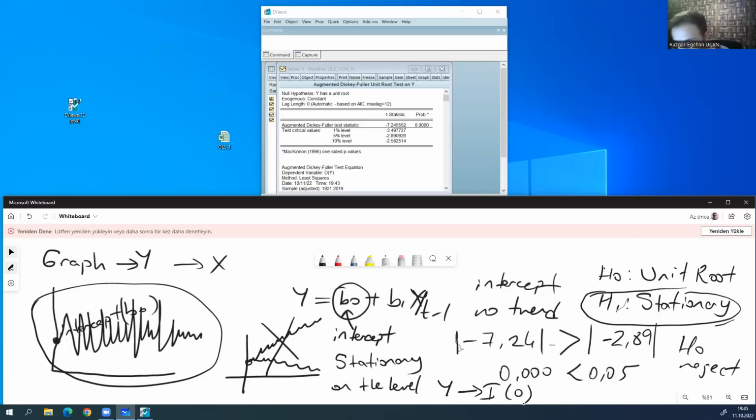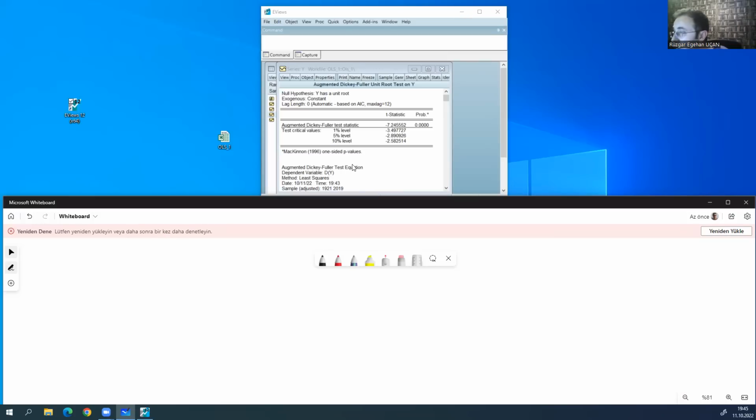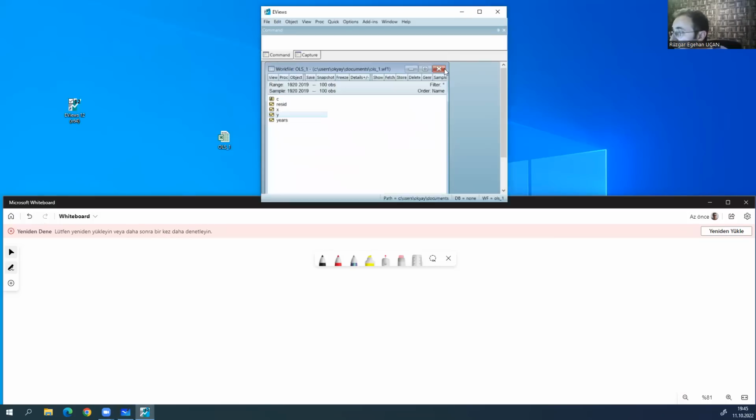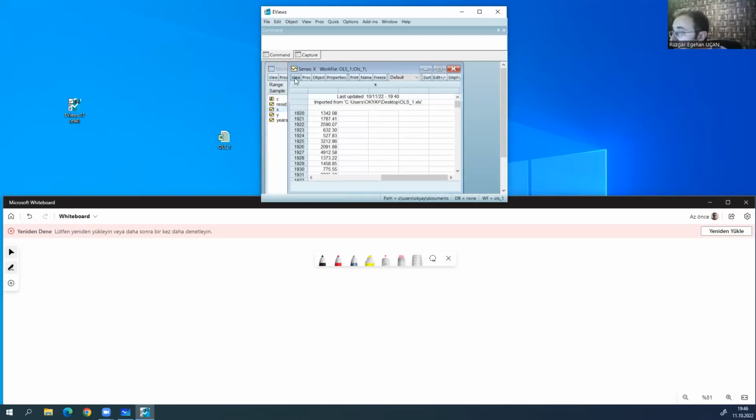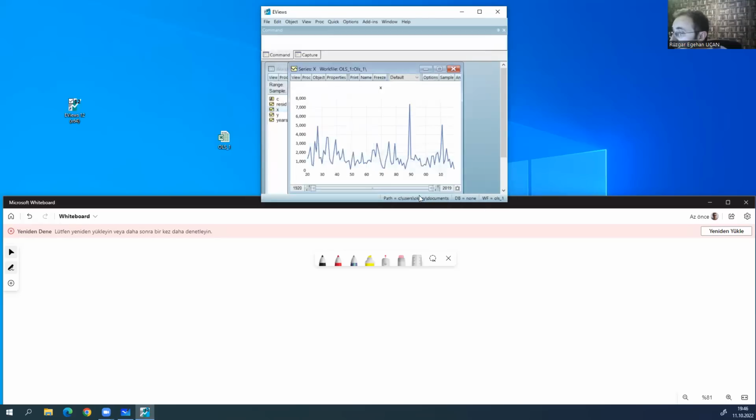Now let's look at the other one, the X one. And for the X, here, double left click and say view, again graph, and you see that X has the same graph.